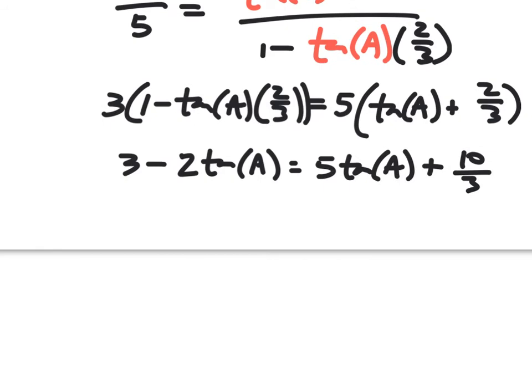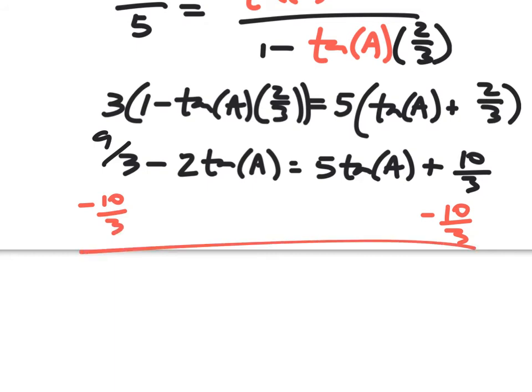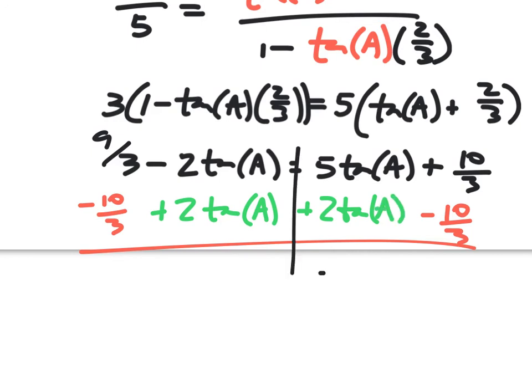Let's change 3 to 9/3. So it looks to me like if I subtracted 10/3 from both sides and added 2 tan A to both sides, I would get myself 7 tan A equal to negative 1/3.